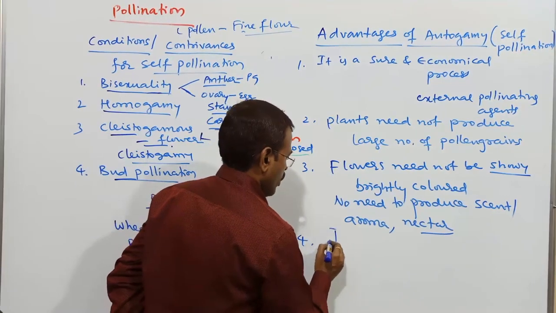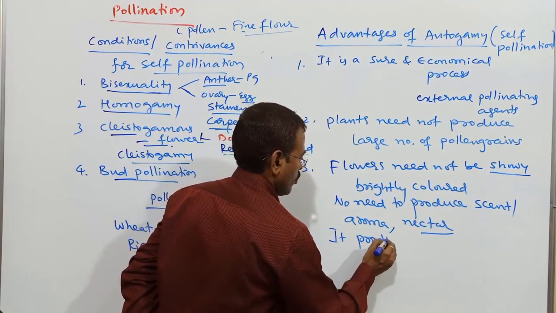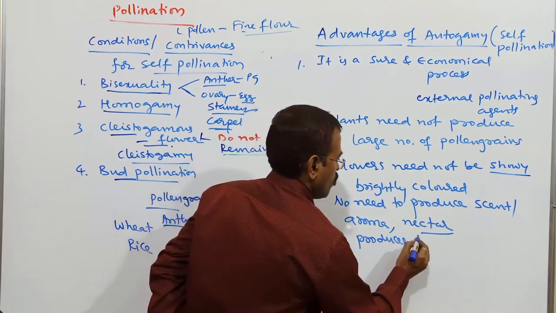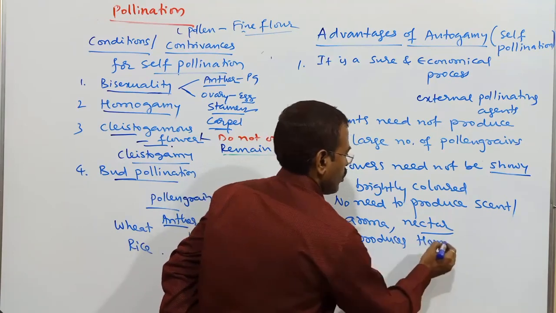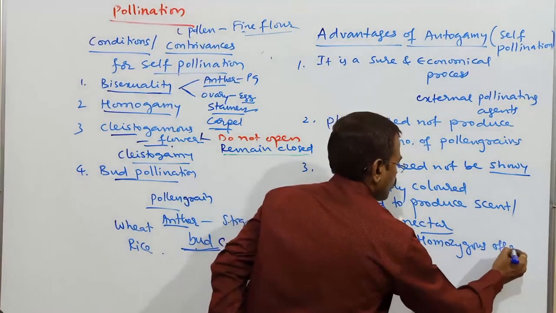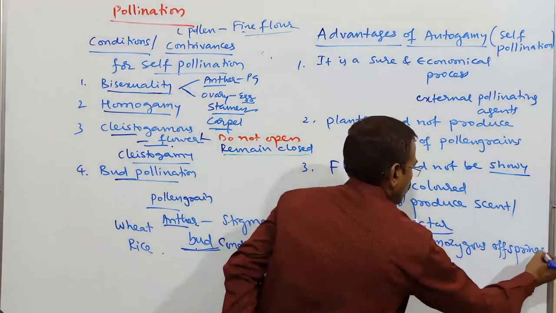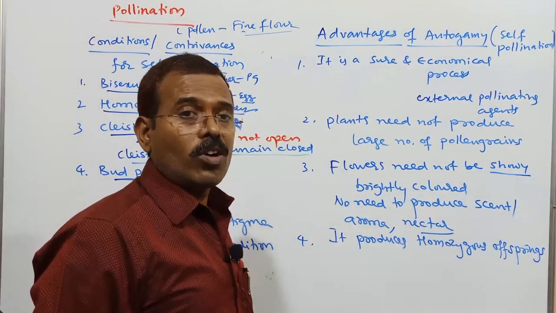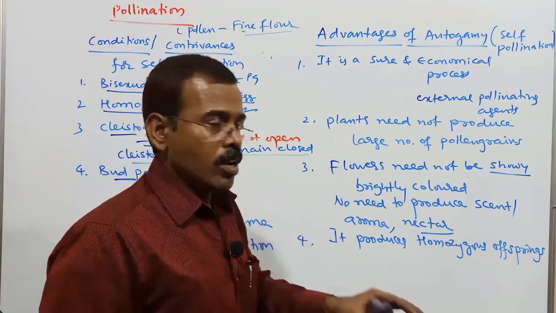Self-pollination produces homozygous offspring, genetically pure offspring.